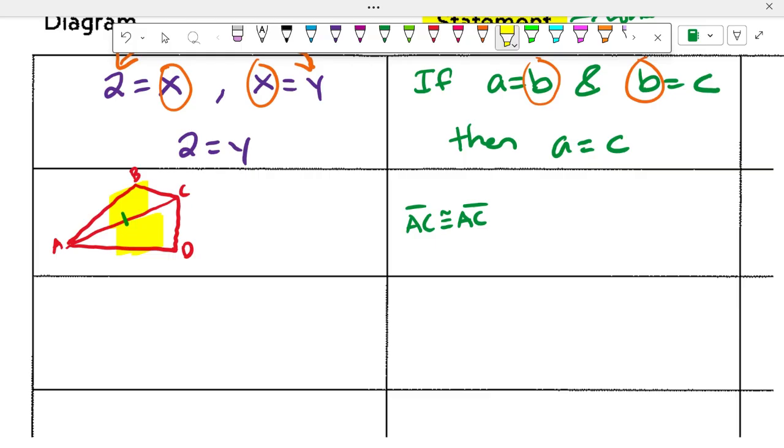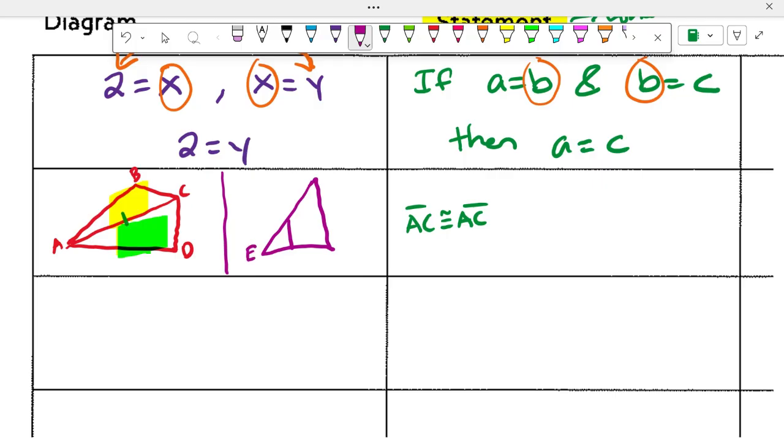Why can I say that AC is congruent to itself? So guys, if I look at the yellow triangle and the green triangle, AC is what between the two? It's what separates them, or it's the same side. So can we say that a same side is congruent to itself? Yeah. All right.